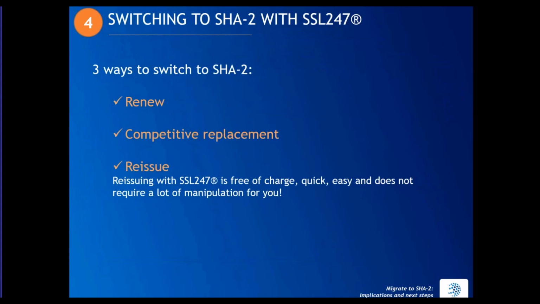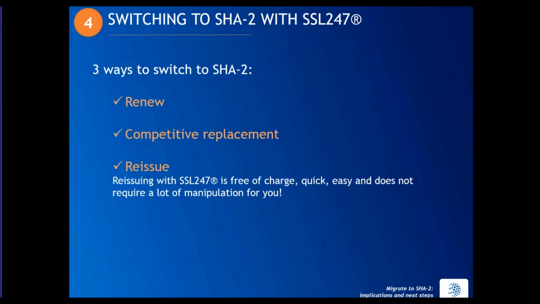Okay. Now, secondly, competitive replacements. If you don't have SSL certificates with SSL 247, we will be doing competitive replacements, which is if you have an SSL certificate with a certificate authority with any company, we will give you a competitive replacement.